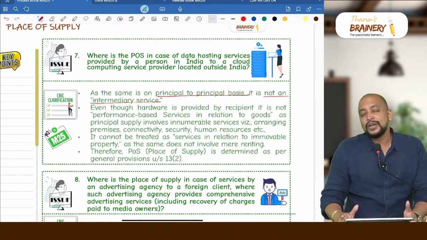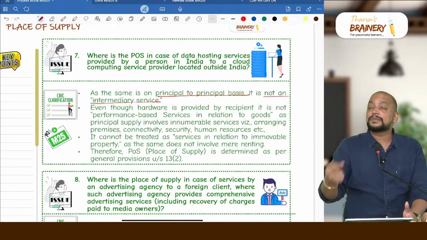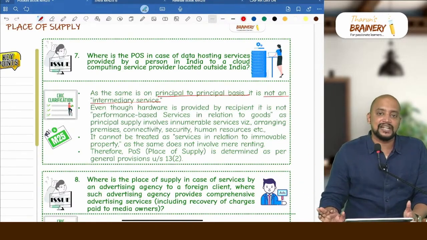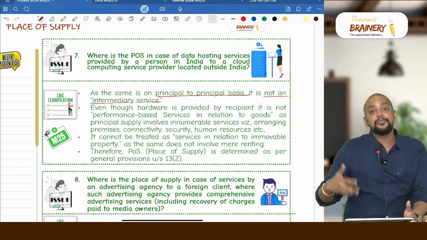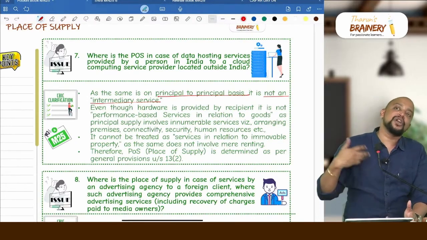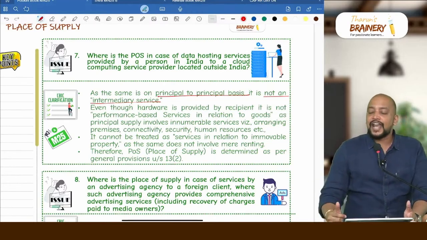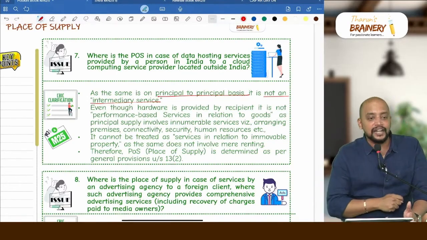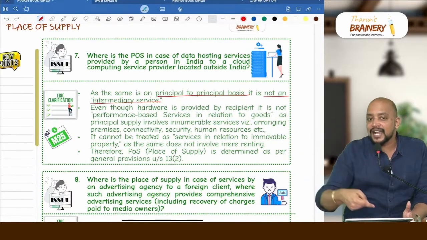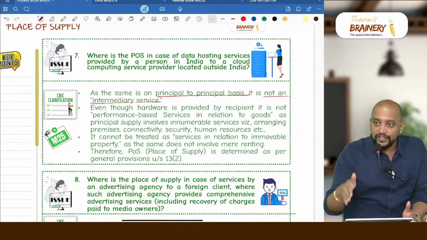Now, in this case, will it come under performance based service in relation to goods? No, it will not, because I am not doing anything on the goods imported. It goes beyond that; I have to provide a lot of things. I need to ensure that the system does not turn off, so it is always active, and a lot of people will come and access the system, so I need to put in a lot of safety measures.